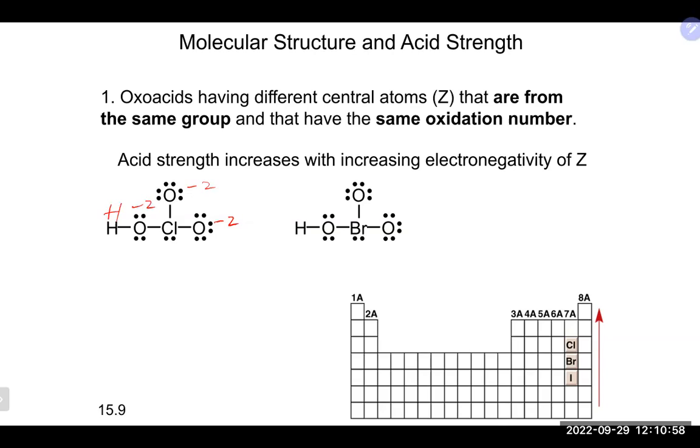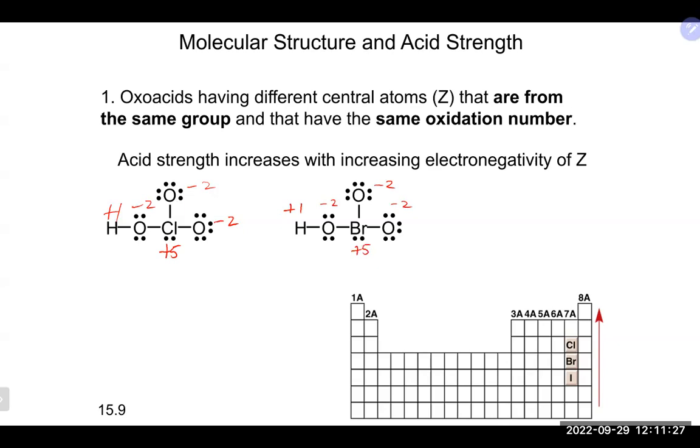In this case, there is no charge, so they need to equal 0. Which means that's a -2, -2, -2, that's a -6, and a +1 is a -5. That means that the chlorine here is actually +5 in this arrangement. Same thing over here, that's a -2, -2, -2, and a +1. Once again, adding that all together gives us the bromine that is +5.